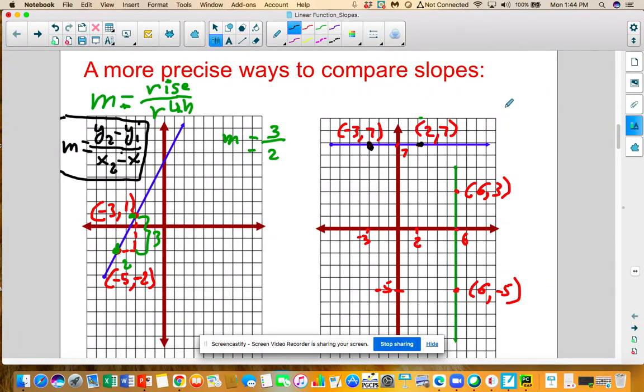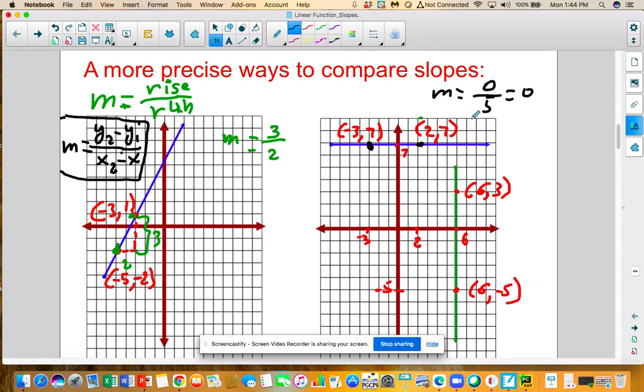I did not move up anyway. So the vertical change is 0, right? But how much did I change horizontally? Let's count. 1, 2, 3, 4, 5. Okay. So the slope would be 0 over 5. 0 over any number is 0, right?